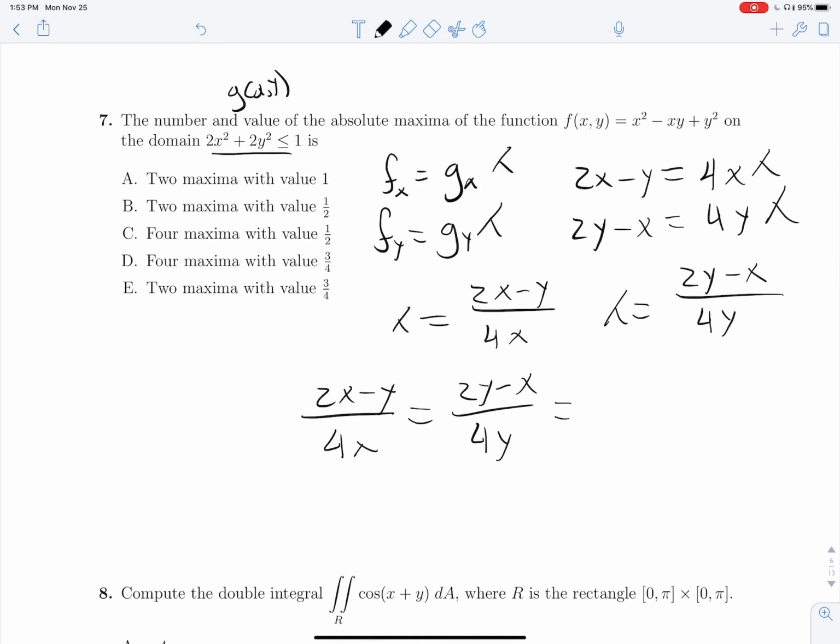This is equal to 8xy minus 4y squared, which is equal to 8xy minus 4x squared. So our xy's cancel out, and we are left with -4y squared is -4x squared, or this simplifies all down to y equals x.